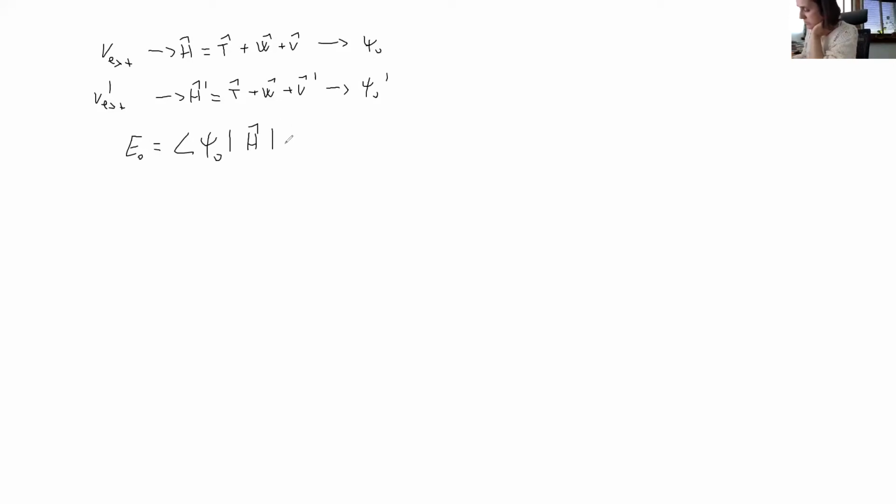This is the ground state total energy. It is smaller than the expectation value of my Hamiltonian over psi 0 prime, because psi 0 prime is not the ground state of the unprimed system. It is like a trial wave function for the unprimed system. So by the variational principle, this expectation value is larger than the ground state energy, considering that the two wave functions are distinct.